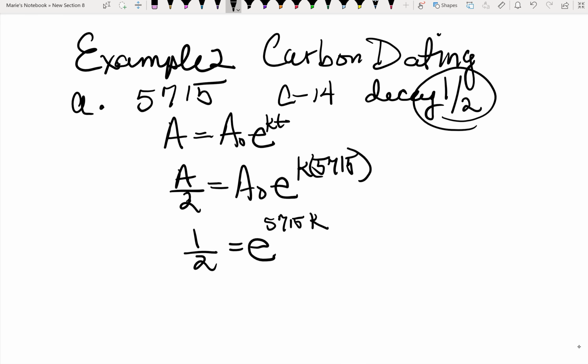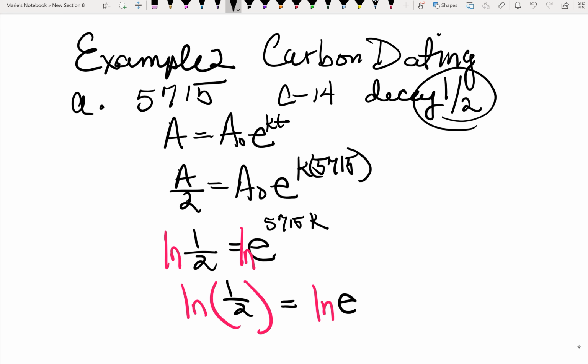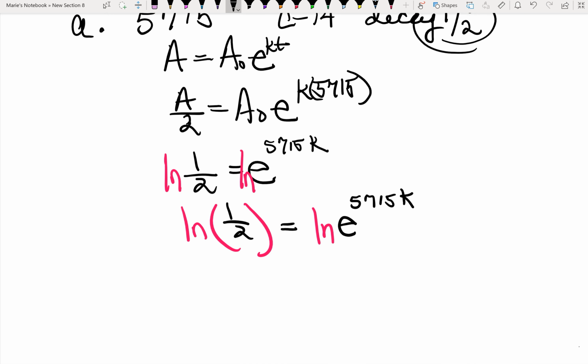So if we take the natural log on both sides, and this is a process you'll follow in every one of these questions, you'll have the natural log of 1/2 equal to the natural log of e to the 5,715k.